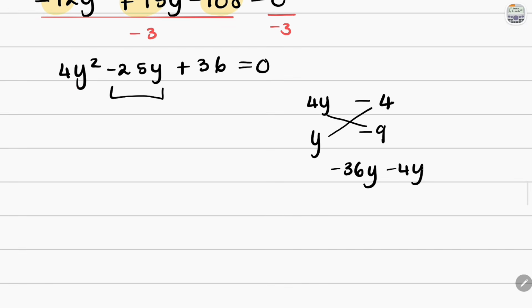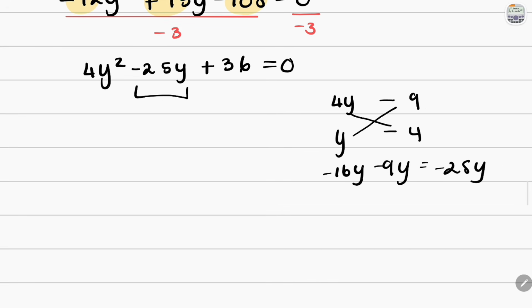That is not going to give us 25. It's too big. Okay, so let's just switch these around. Make that the 9 and that the 4, and then try again. So now that is negative 16y and negative 9y, which indeed does give us negative 25y. Okay, so 4y minus 9 and then y minus 4 equals 0.